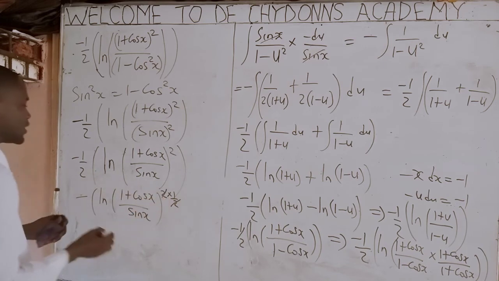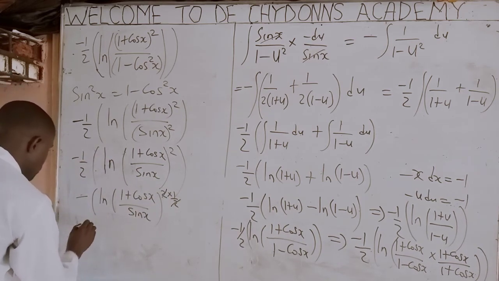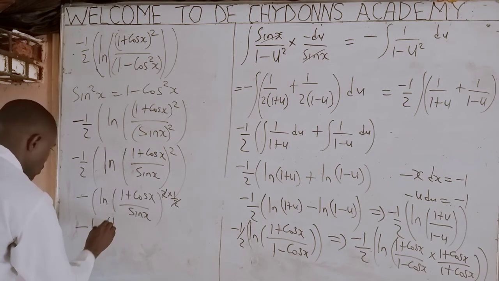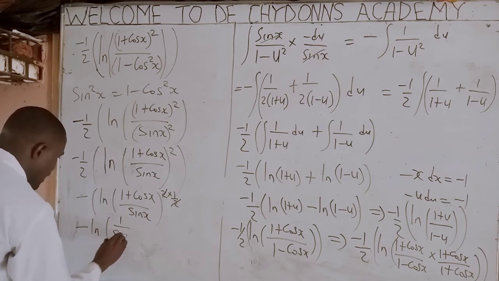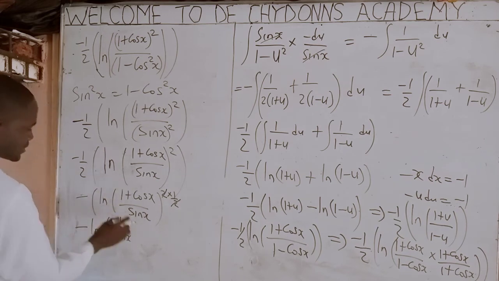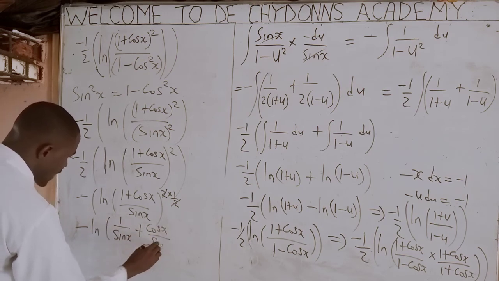This will cancel this. That will be giving me minus ln 1 over sin x plus cos x over sin x.